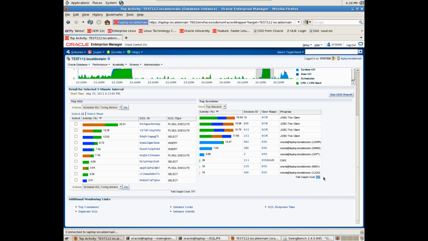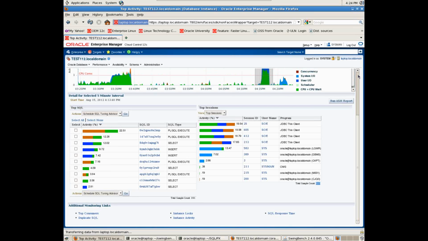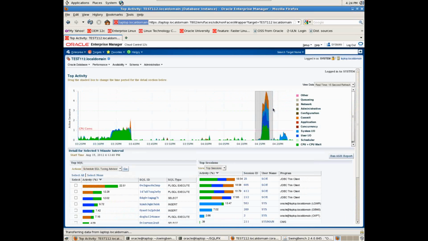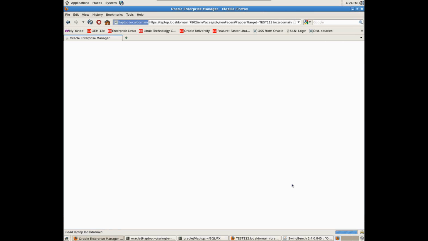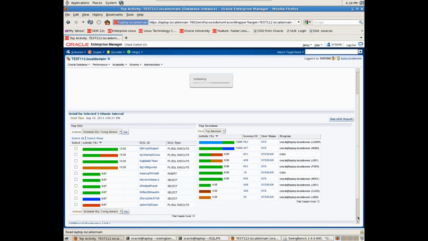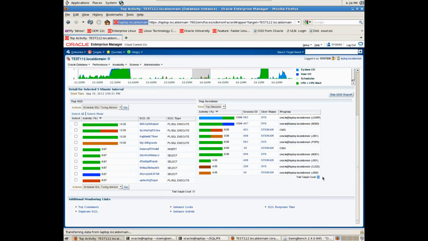Session IDs are higher because they don't necessarily have a particular SQL ID associated with them. Here we've got a sample count of 527 samples for the busy period. If I move this over to the really quiet period and look at the total sample count again, you'll see that it's 22. So you have to ask yourself, reinforcing the idea that ASH is sample data, how important is performance analysis of 22 samples over a 5-minute period?